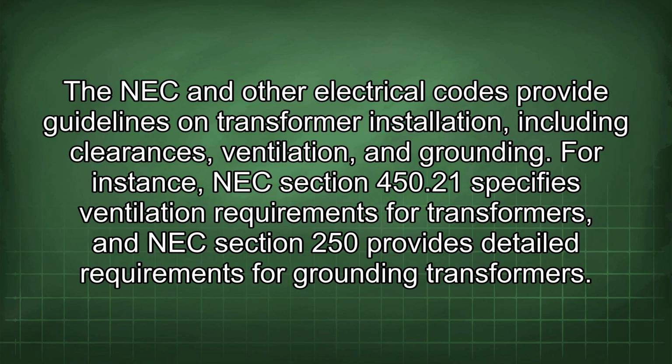The NEC and other electrical codes provide guidelines on transformer installation, including clearances, ventilation, and grounding. For instance, NEC section 450.21 specifies ventilation requirements for transformers, and NEC section 250 provides detailed requirements for grounding transformers.